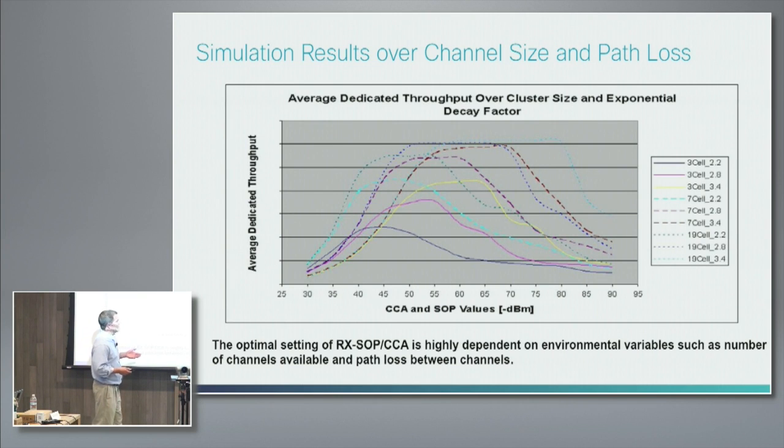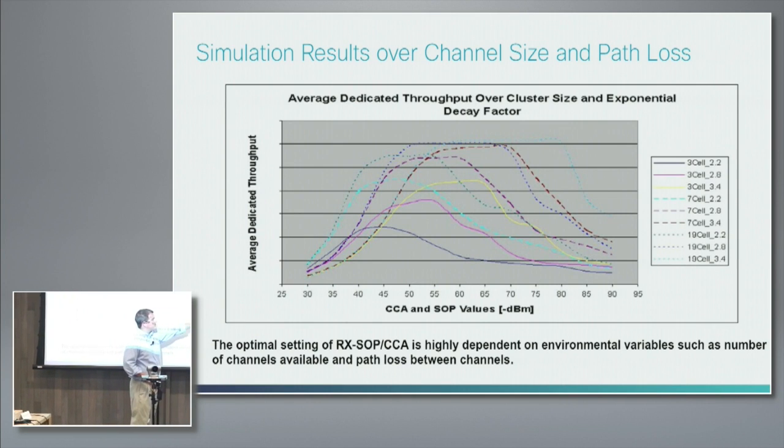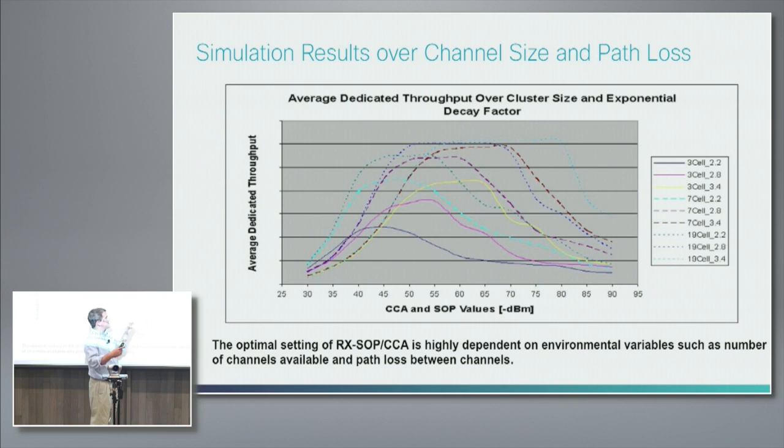If you look at some of the curves here, where you have a lot of separation in spacing between co-channels, like the 19-cell case, you can see that you hit a max point a little bit lower, where you hit your max throughput point, and then you start falling off.